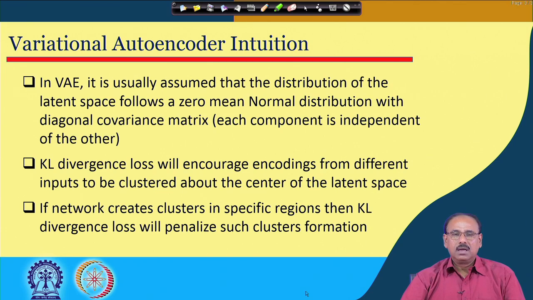So, if the network tries to create clusters for different categories in different regions in the latent space, then the KL divergence loss will penalize that and will try to bring those clusters as close as possible towards the center of the latent space.